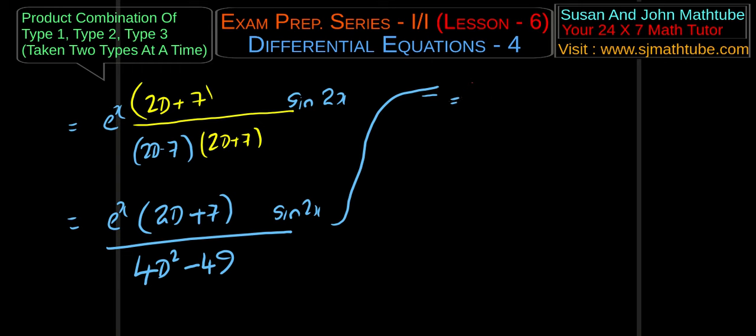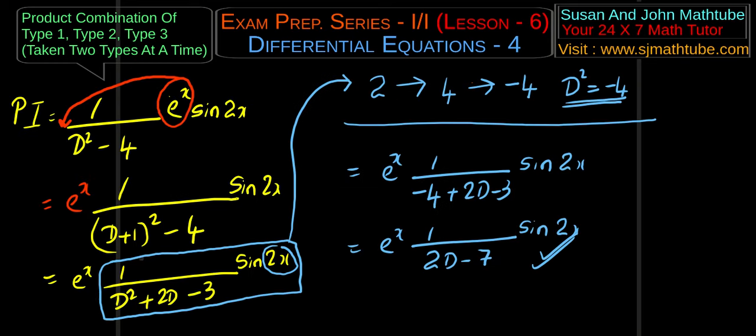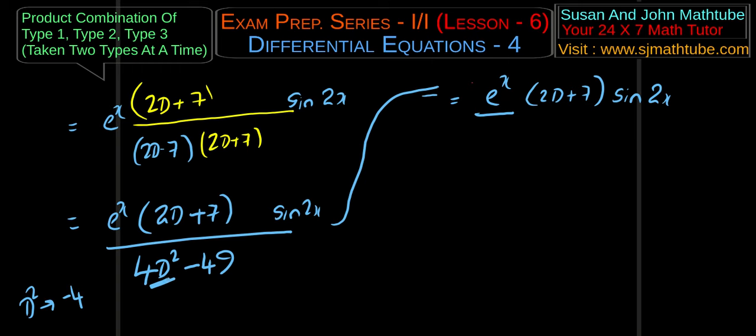Again the same thing, e to the power x (2D plus 7) of sine 2x the whole divided by, we will replace this D square with minus 4 just like we did here. So we get minus 16 minus 49, that will be minus 65 and in the numerator we just open the bracket.